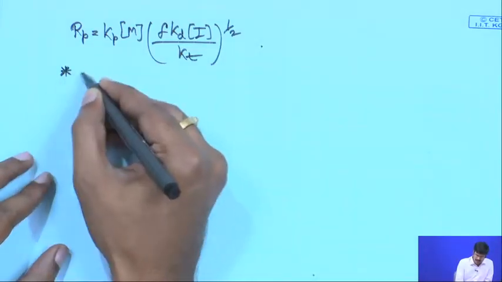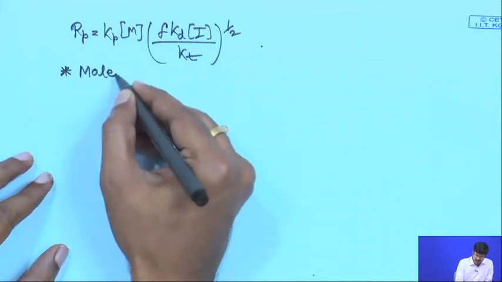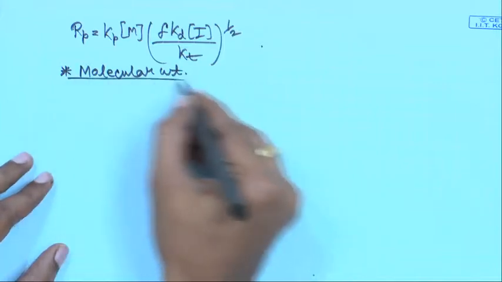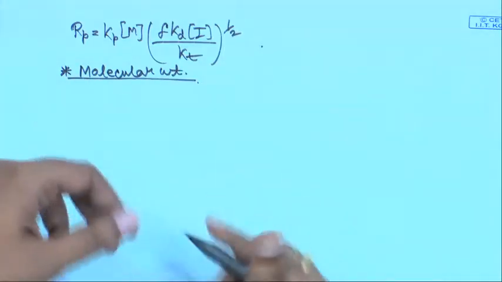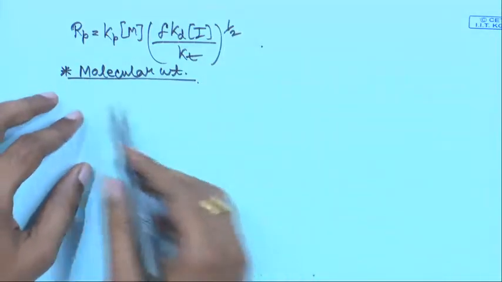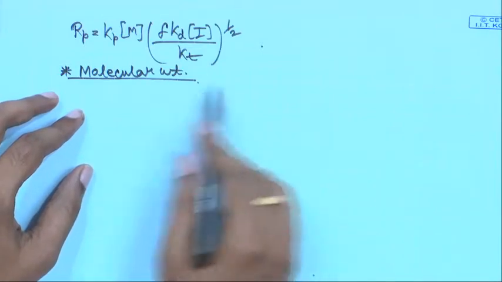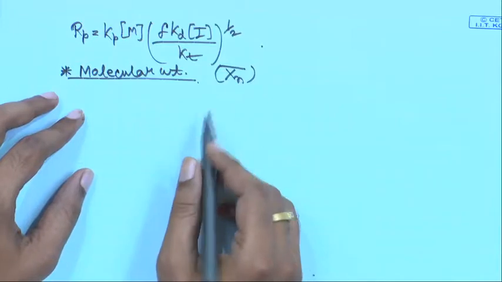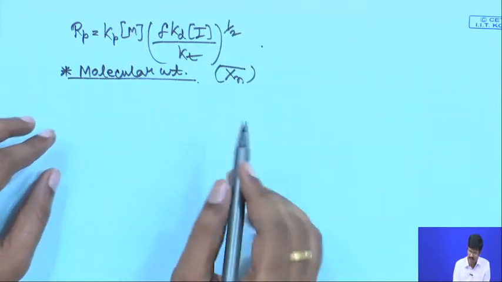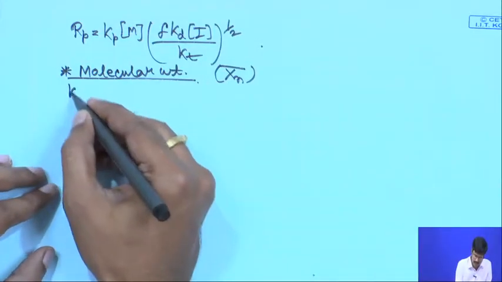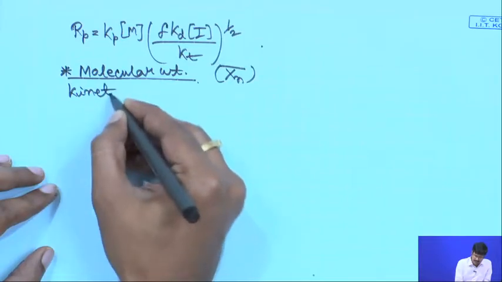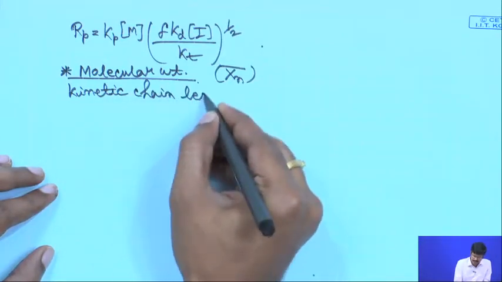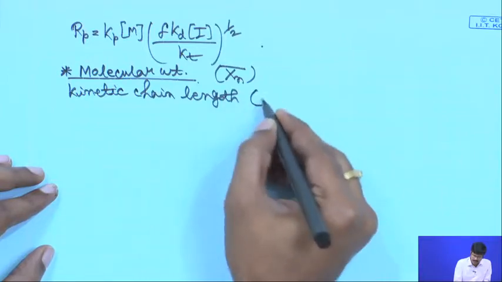Now, let us come to the concept of molecular weight. We will correlate these things later for this radical polymerization. Molecular weight is related to xn bar, the number average molecular weight, and that is related to a term called kinetic chain length. So we define a term called kinetic chain length, say nu.